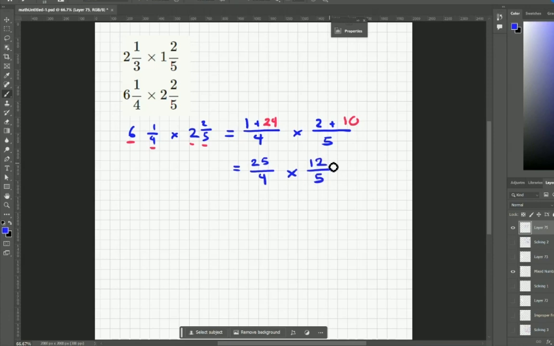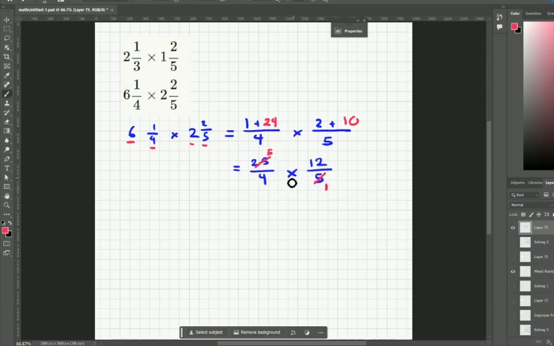What that tells me is I'm going to look for opportunities to cancel. Now, vertically, I can't see any common factors, but diagonally, I can. 25 and 5 have a common factor, and the highest one is 5. So I'm going to cancel this, meaning divide it by the highest common factor, which is 5, and divide this by 5.